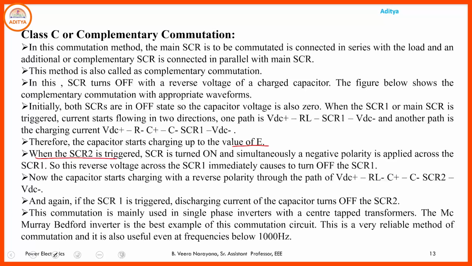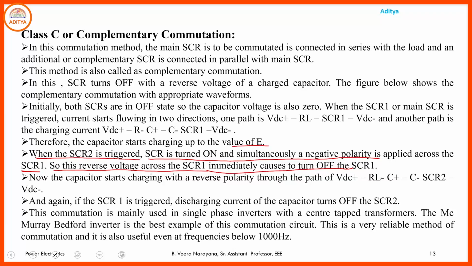When SCR2 is triggered, it turns on and simultaneously a negative voltage is applied across SCR1 during the discharging condition of the capacitor. So when SCR2 is triggered, the negative polarity is applied across SCR1, and this reverse voltage across SCR1 immediately turns it off.